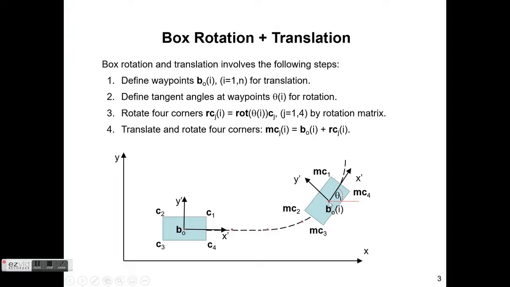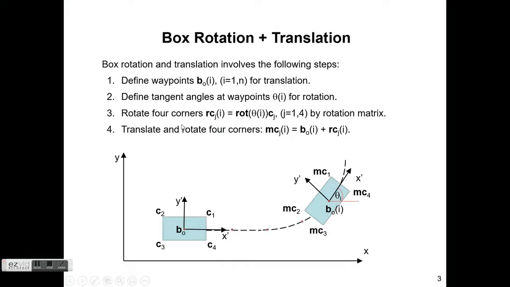If you rotate, then in the body coordinates x prime is going to rotate, right? The x prime is going to rotate, and then the y prime is going to rotate. So you have to define this angle along the curve. So there's a tangent, the tangent angle. The angle is at each waypoint.